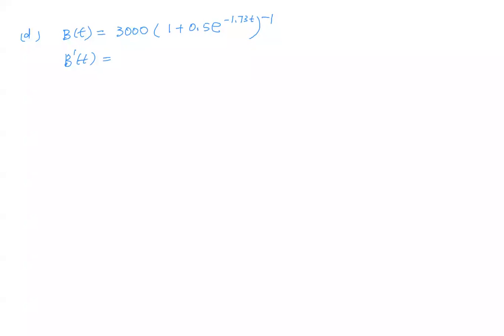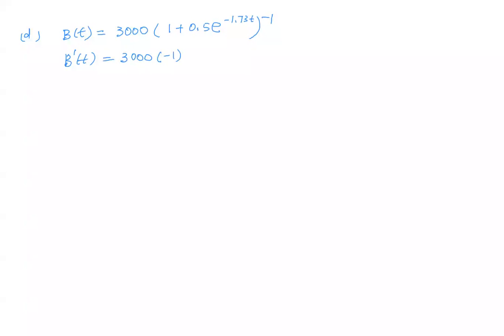You differentiate the 0.5 e power minus 1.73t, and you times it by 3,000. And then the whole of 1 plus 0.5 e, you change the power to negative 2, you make my whole thing upside.